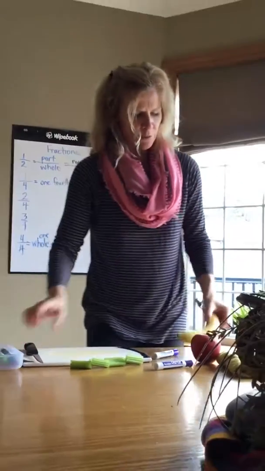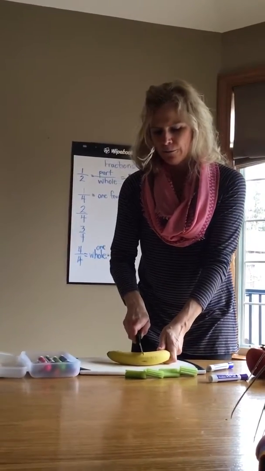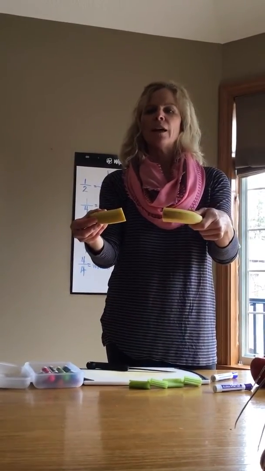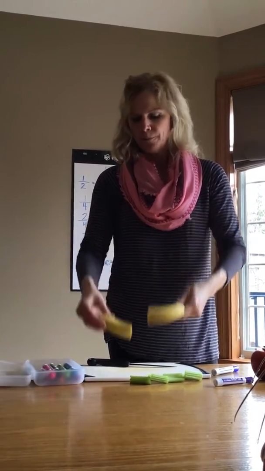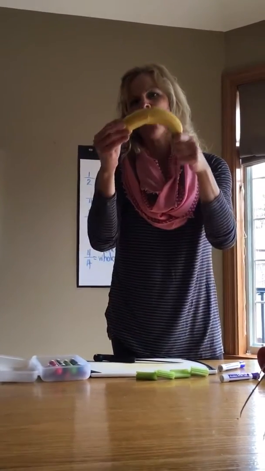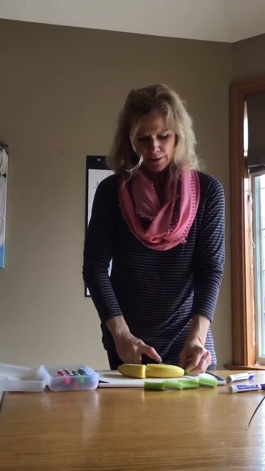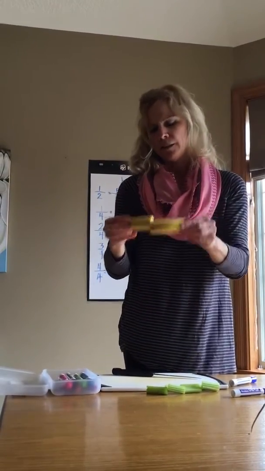I could do another one if I did the banana and I cut it into, what have I just created? How many pieces for the whole? 2. And when I put it together, I get 1 banana. I'm just going to cut off the end. So that will be 1 out of 2 pieces.